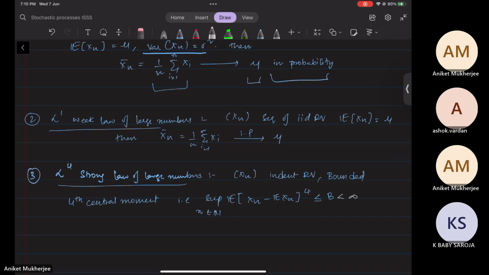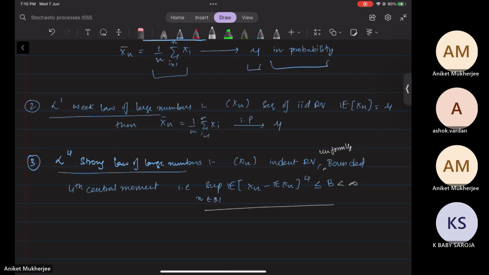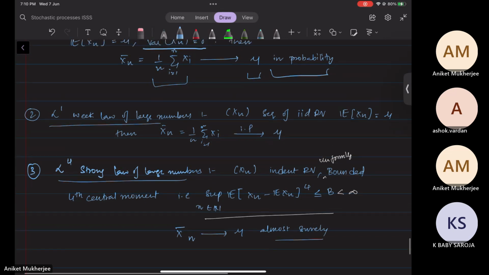This is known as uniformly bounded. If this happens for all the random variables, then the sample mean converges to mu almost surely. So from weak to strong, in probability becomes almost surely.